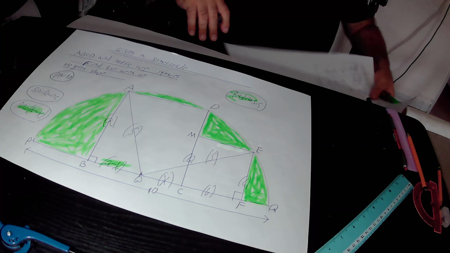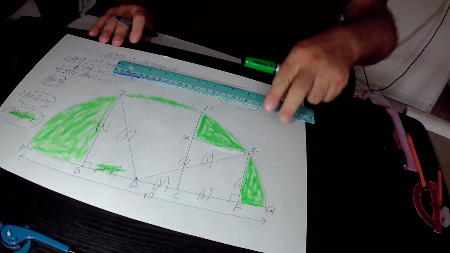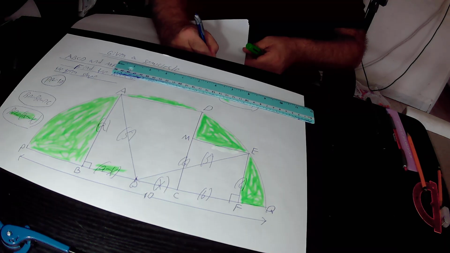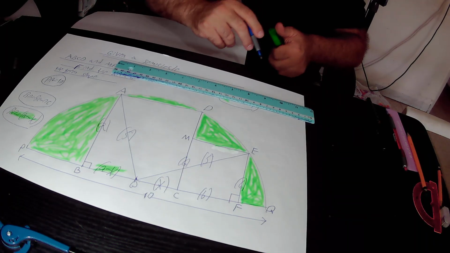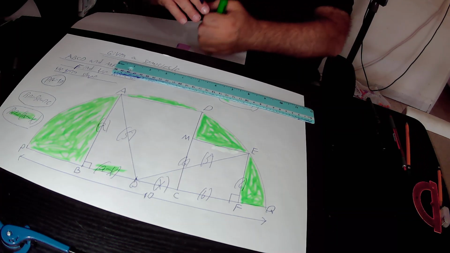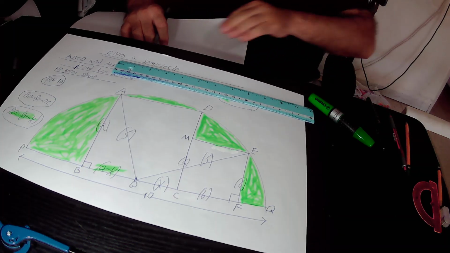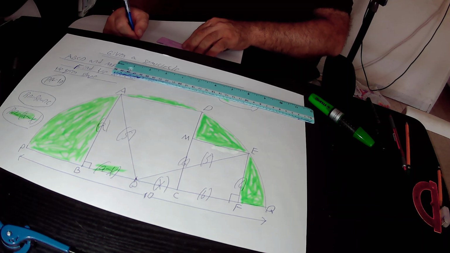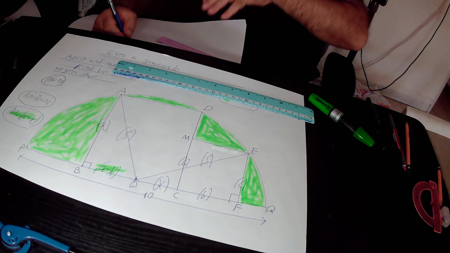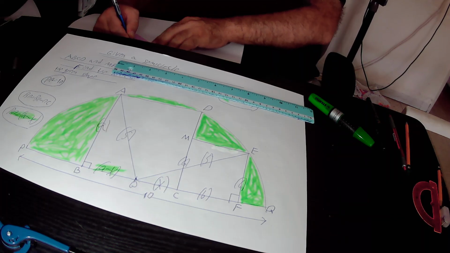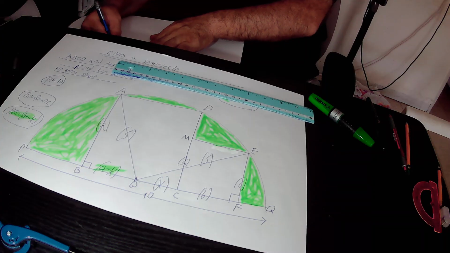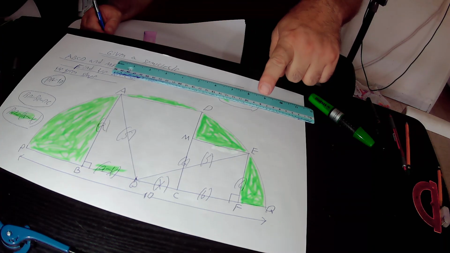Actually, from the drawing, it is very easy to see that the area of the green shape is equal to the area of the semicircle minus the area of the big square ABCD minus the area of the small square MEFC.